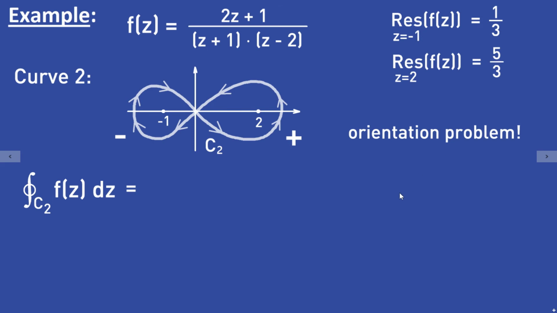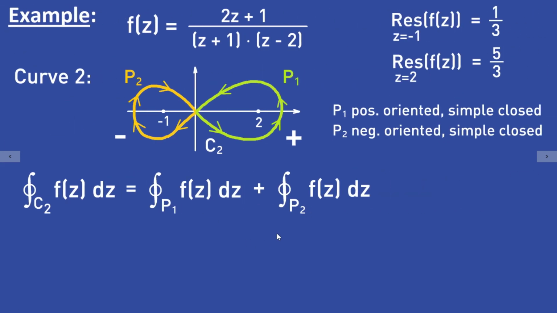We split the curve C2 into two smaller curves P1 and P2. So the green part is P1 and the orange part is P2. Now the curve integral along C2 is equal to the curve integral along P1 plus the curve integral along P2.